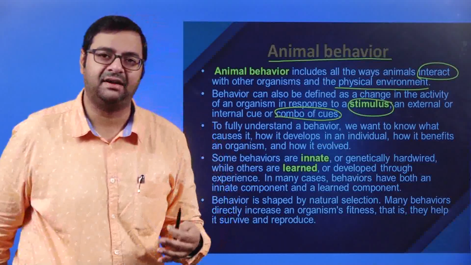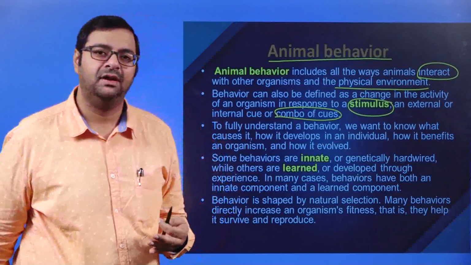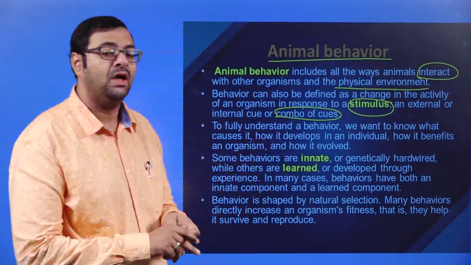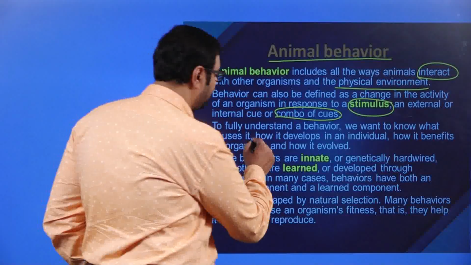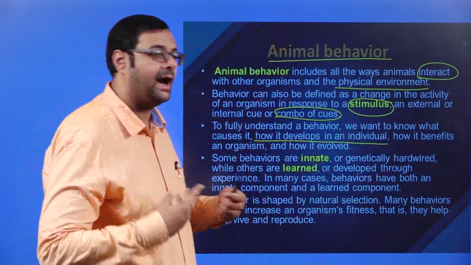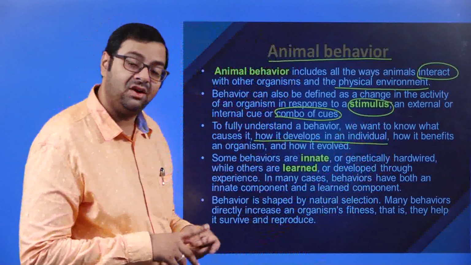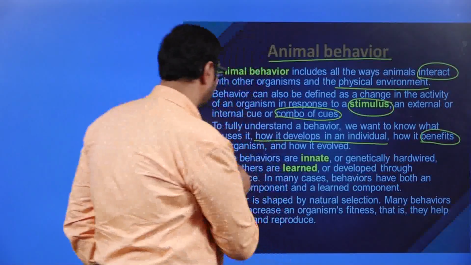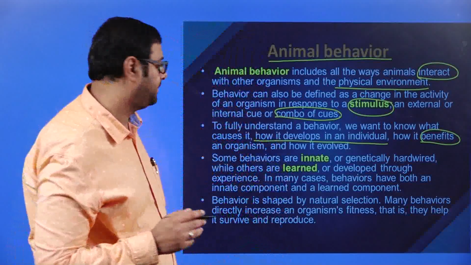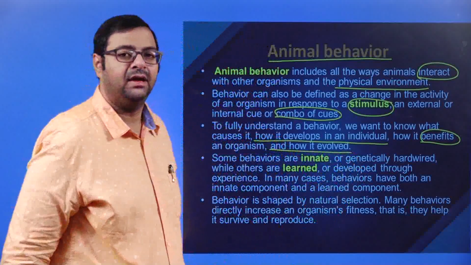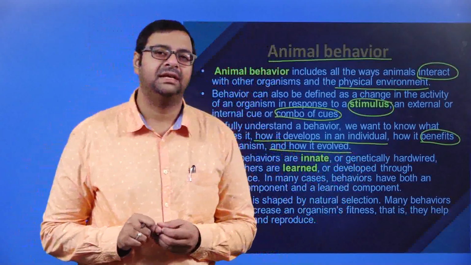Then, how it develops in an individual, how that particular character develops. And how it benefits the organism: what is the use of developing that characteristic, and how did it evolve. Now let me give you a simple example.